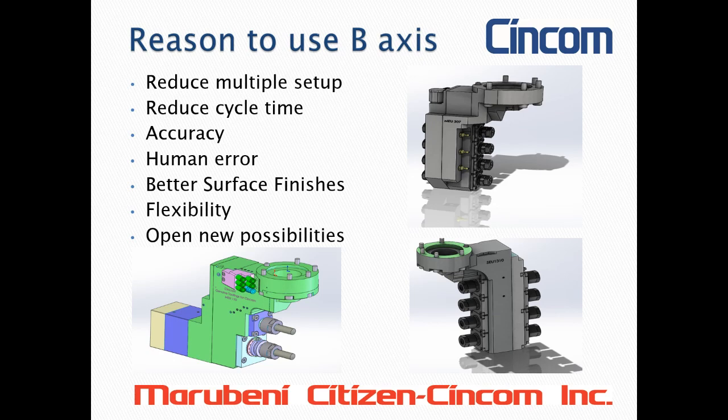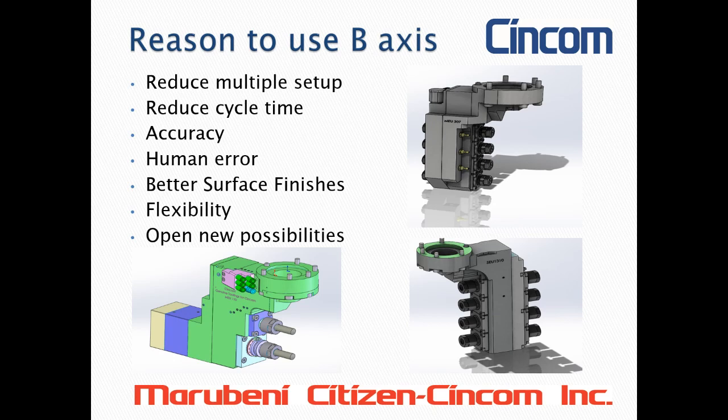So having a B-axis machine will reduce the setup time for any part. If you don't have the B-axis, you will have to have extra custom fixturing as a secondary operation, so it will be a lot of cost and time consuming.